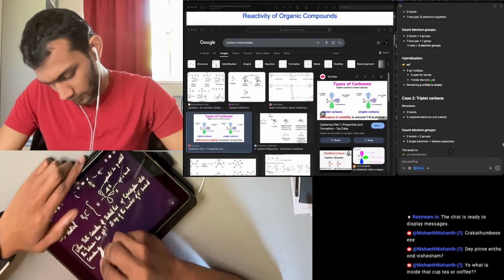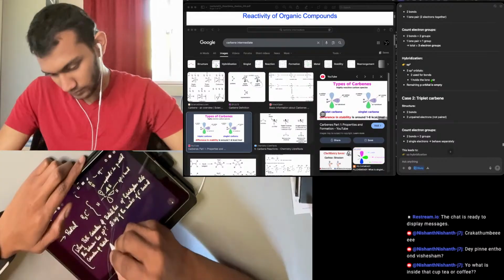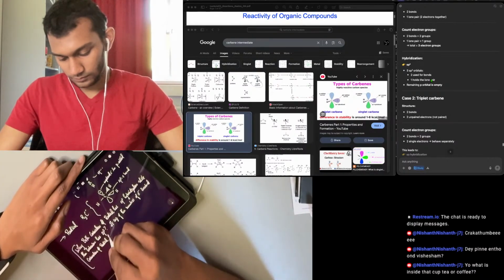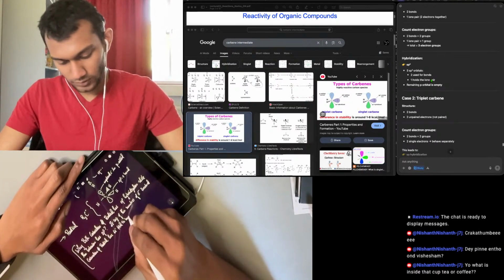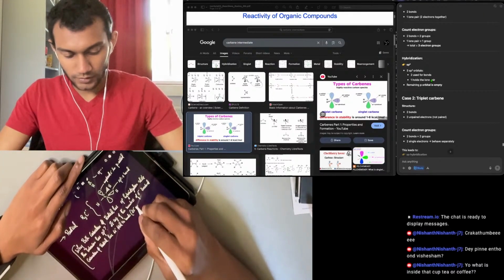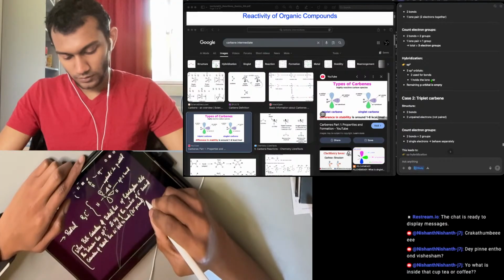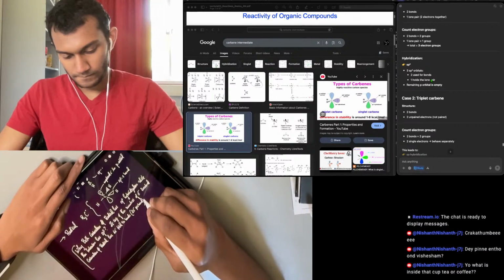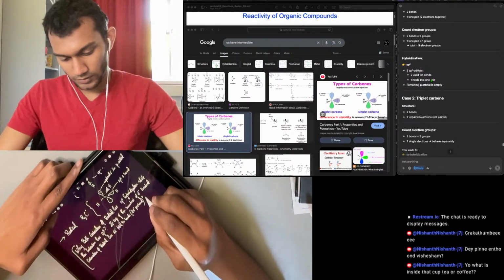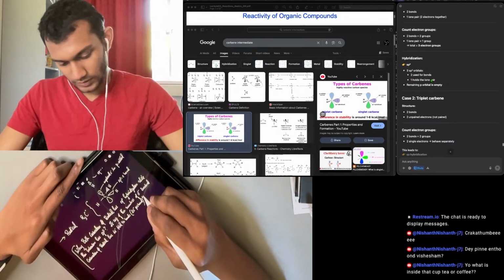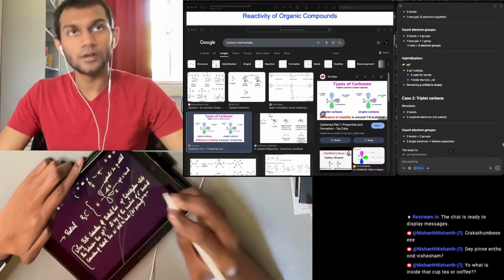Carbocation and radical: six electrons total in bonds, 2 per bond. 2s plus 2p, right?